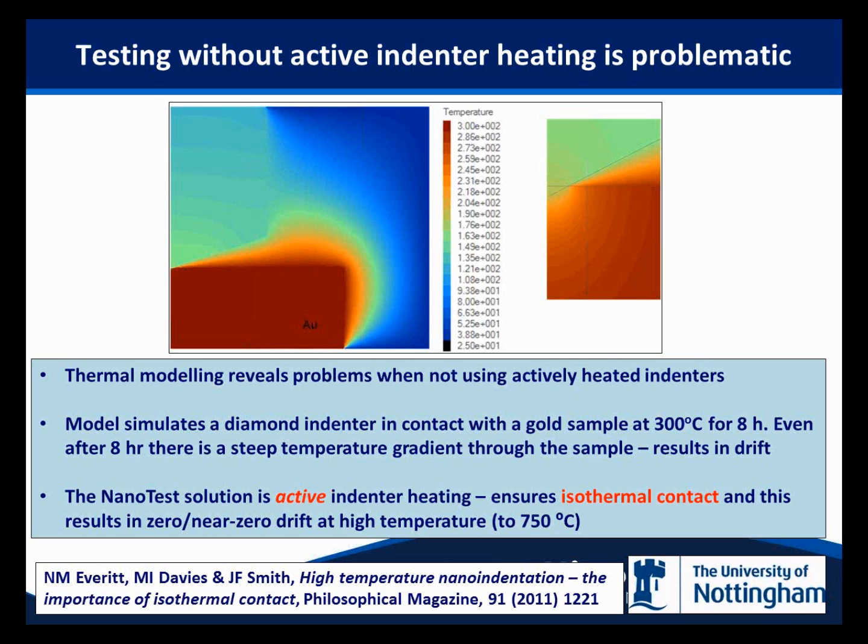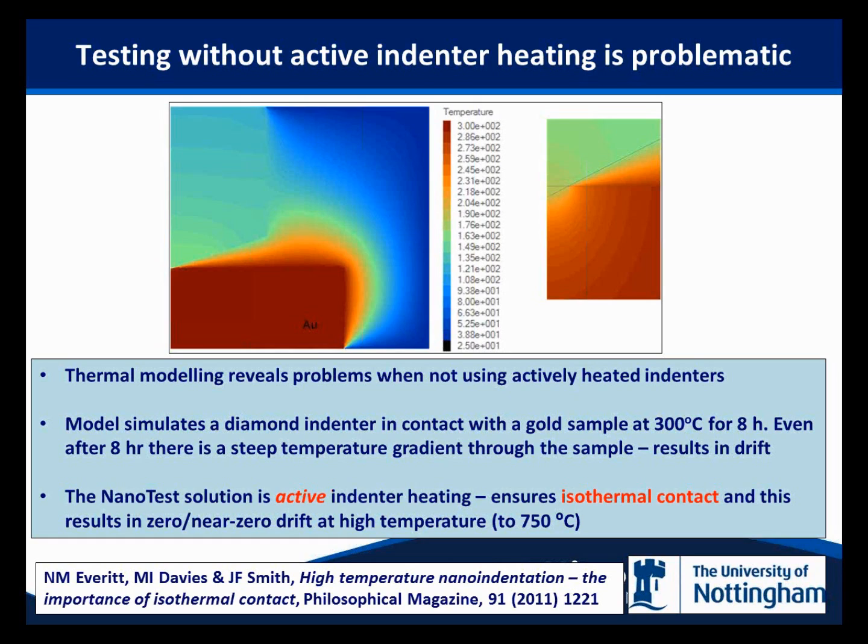So this is an example from a study done at Nottingham University a few years ago, where they simulated what happens when you have a conductive sample in contact with a heated diamond indenter, and you leave it for a long time, in this case 8 hours. But after this long equilibration period, there's still a large temperature gradient, and this large temperature gradient would be quite problematic if you were trying to do an indentation test.